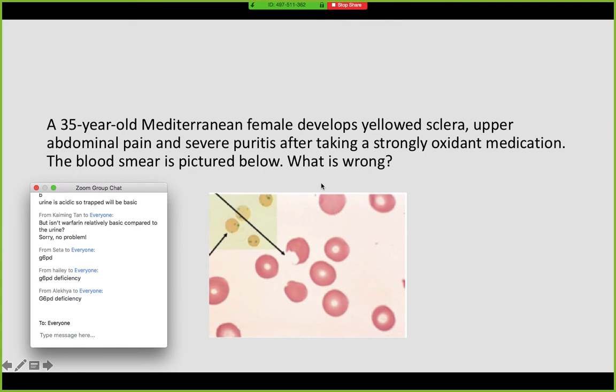So the question's going to be very, very comparable to the example that she gave you in class. So just make sure that you can recognize the presentation of G6PD: the yellow sclera, the abdominal pain, the itchiness, and then recognize this histology image, and you won't have any problem getting that question right.